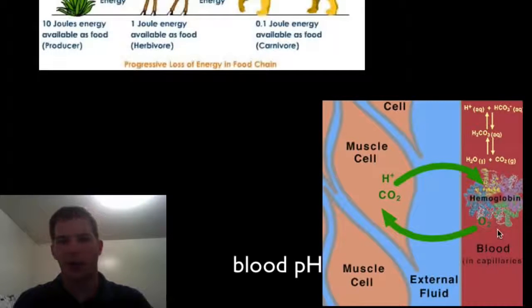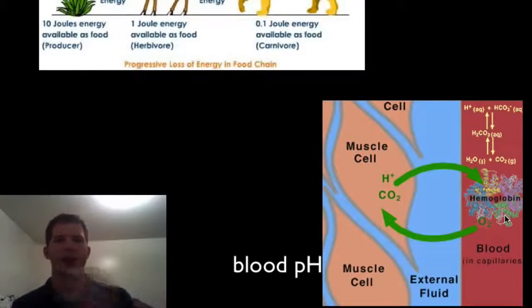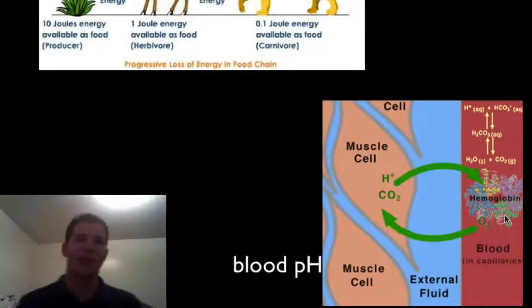Basically how it works, if there's a certain ion concentration in the blood, it's going to either take a hydrogen or not take a hydrogen. We'll get to that later, but basically there's a lot of chemistry involved, and then there's an exchanging of oxygen and carbon dioxide, and with that comes a stable pH of the blood, which is very good because we don't want the pH to go up and down. That would not be good for our homeostasis.